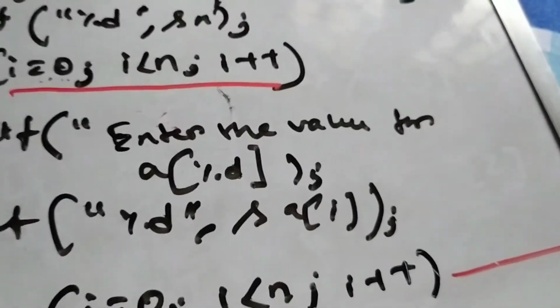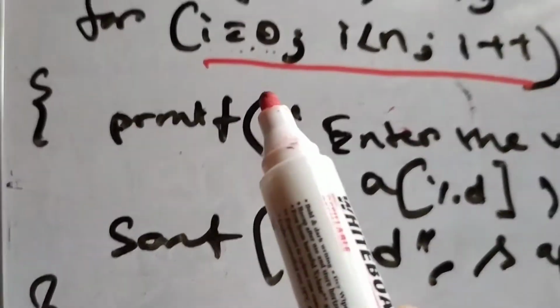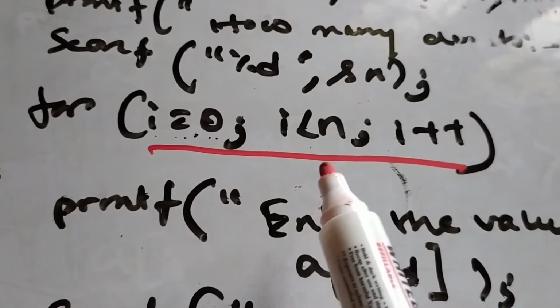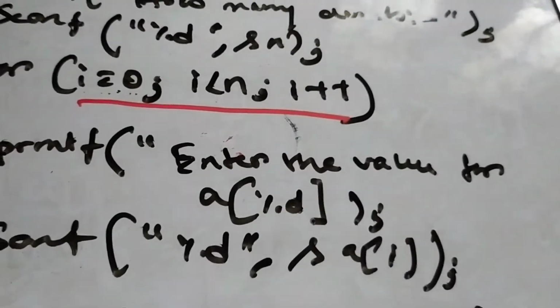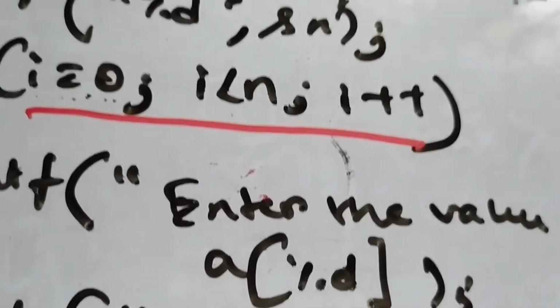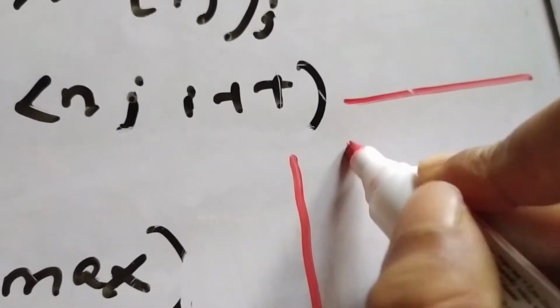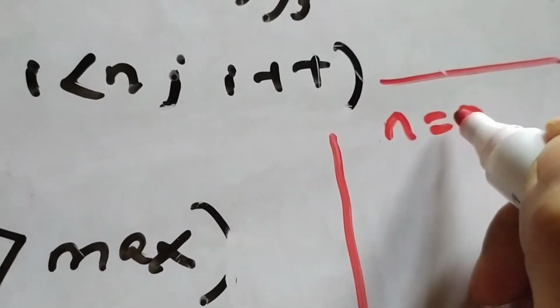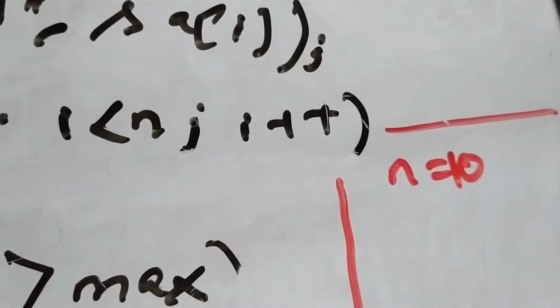Now talking about this condition, for i equal to 0, i less than n, i plus plus, that means i is the index number. Suppose n equal to 10, there are 10 elements in the array.